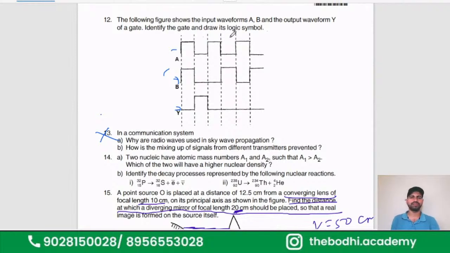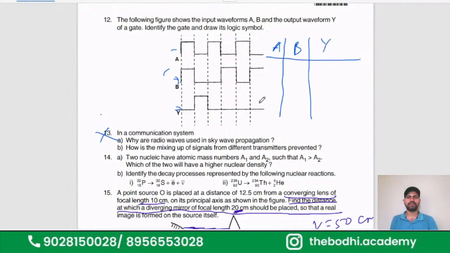Okay, listen. So we have A, and we have B, and we have Y. When you start from 0, this is going to 1.